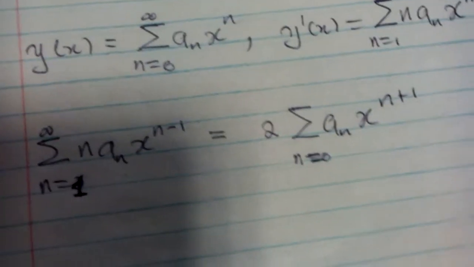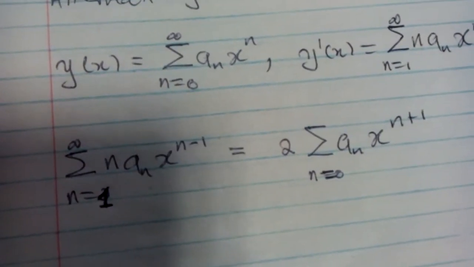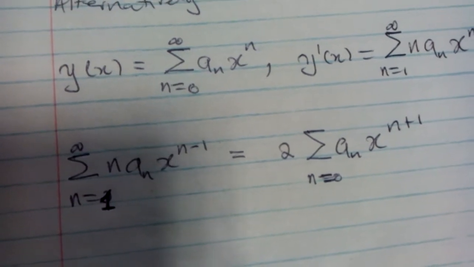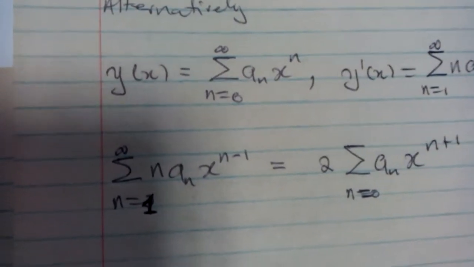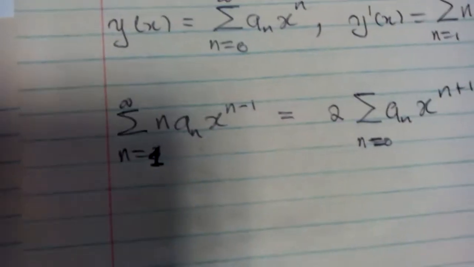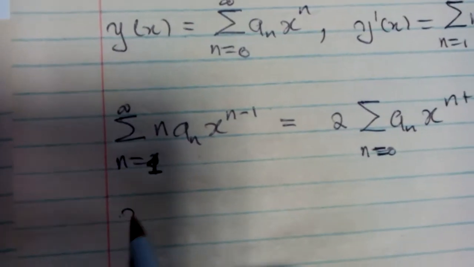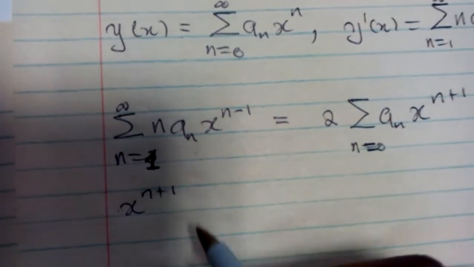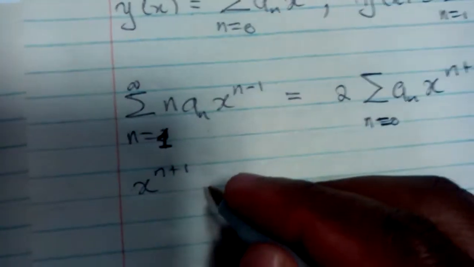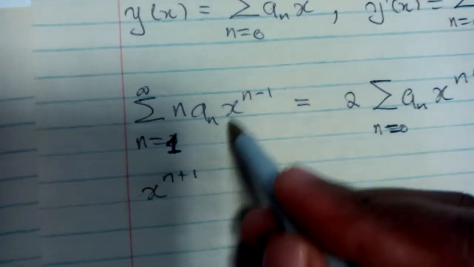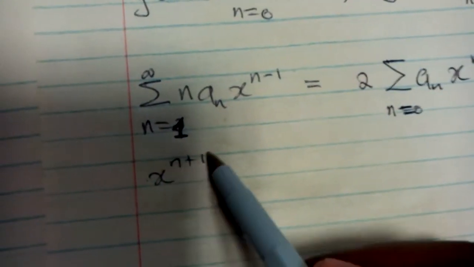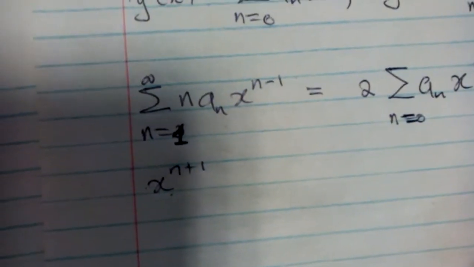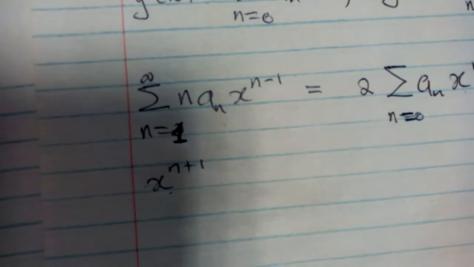Right, and I can shift the left hand side so that my generic term is in the form x to the n plus 1. Right, so I want to write this series as a series whose generic term is x to the n plus 1, because I've got an x to the n plus 1 this side.